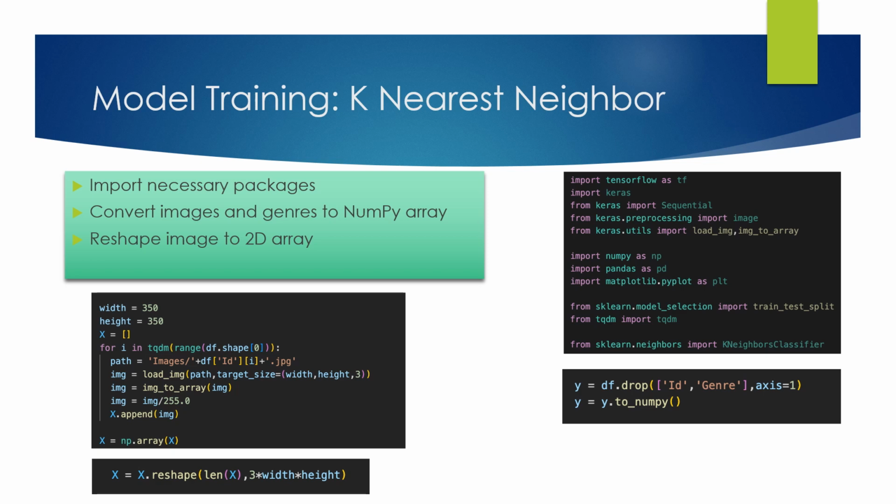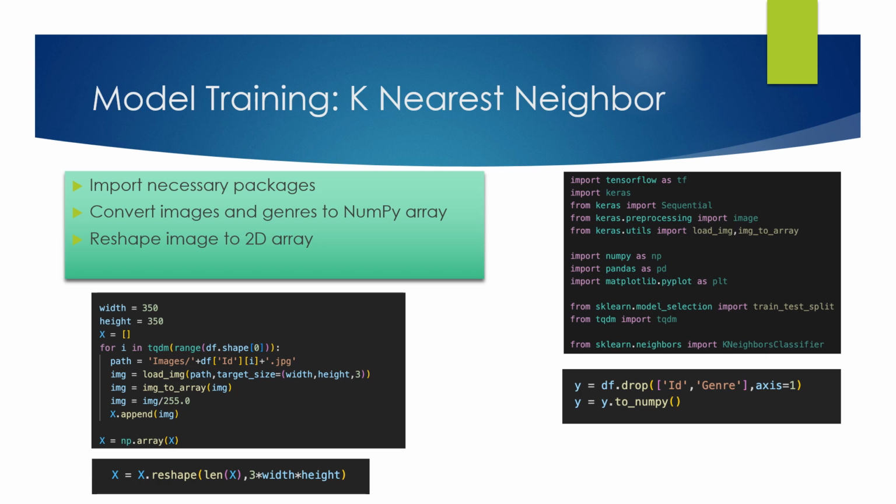And in this model, I set the width and the height a little bit differently, to 350 for both. Still put the images into the array using the for loop.